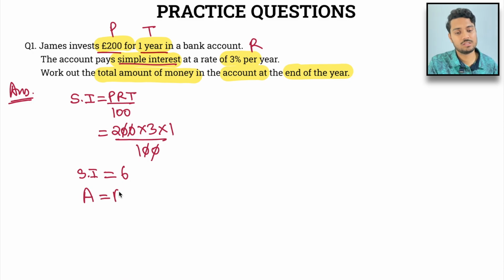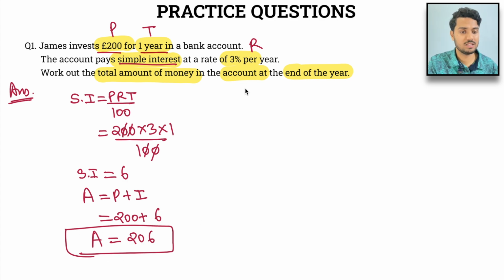But the amount is principal plus interest. So principal is 200 plus interest is 6. So answer will be 206. So amount is 206 pounds at the end of 1 year at a rate of 3% per annum for the principal amount 200 pounds.